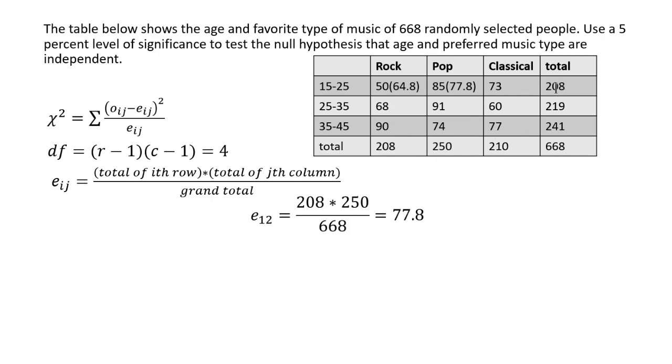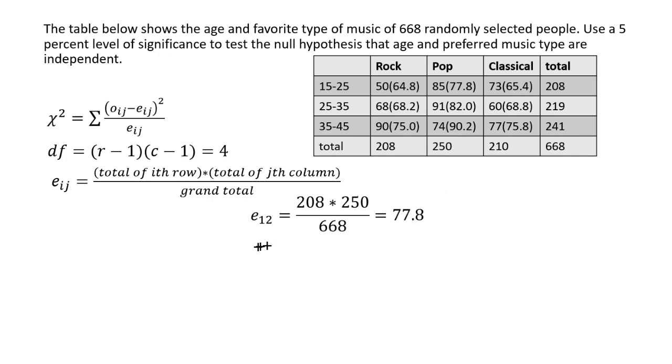For example, for E12, the first row, second column, you multiply 208 times 250, and you divide it by 668, and that gives you 77.8 as the expected value. And we just continue on and fill every parenthesis here, so we get these expected values.